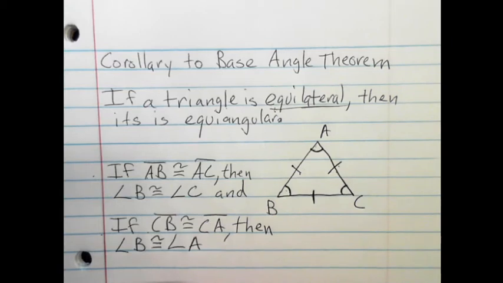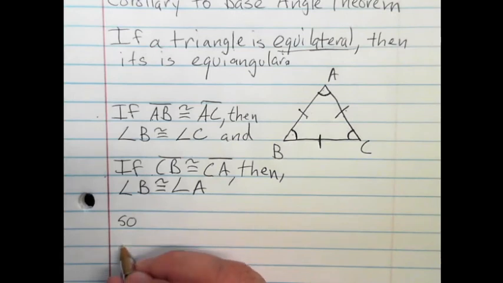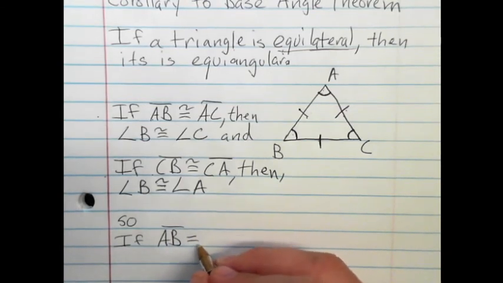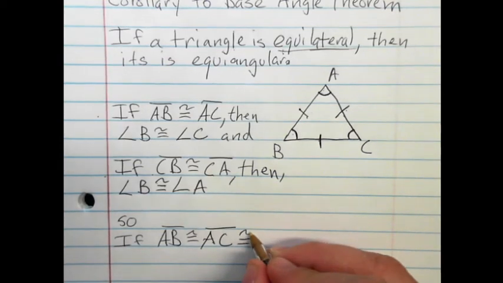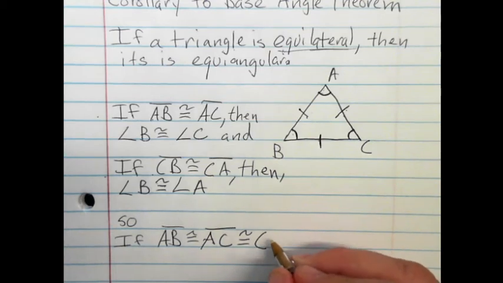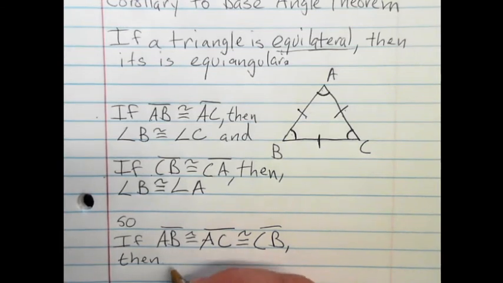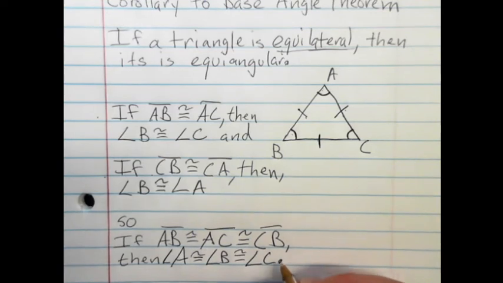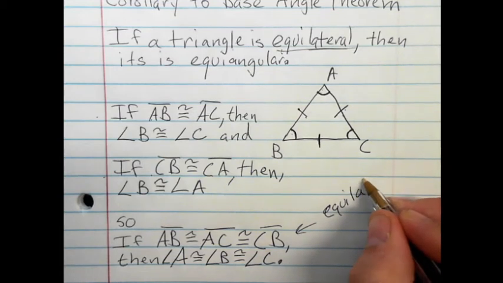So then you could say, if AB is congruent to AC and is congruent to CB, then angle A is congruent to angle B is congruent to angle C. And so what this is saying, this is the equilateral.